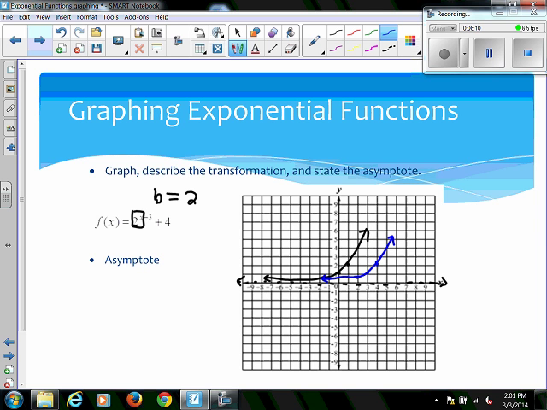Now I have another transformation, plus 4. So I'm going to do a vertical shift up 4 units. So I'm going to take all of my points and go up 4 units. Will this change my asymptote? Yes, it will. The asymptote also goes up 4 units.